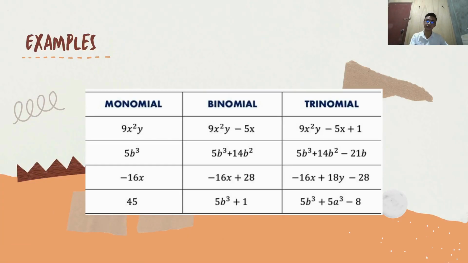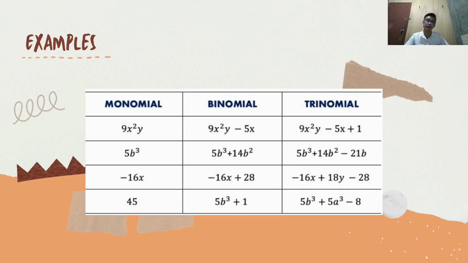On the next slide, these are examples of monomials, binomials, and trinomials. In monomials, we have 9x squared y, 5b cubed, negative 16x, and 45. On the other hand, binomials: 9x squared y minus 5x.